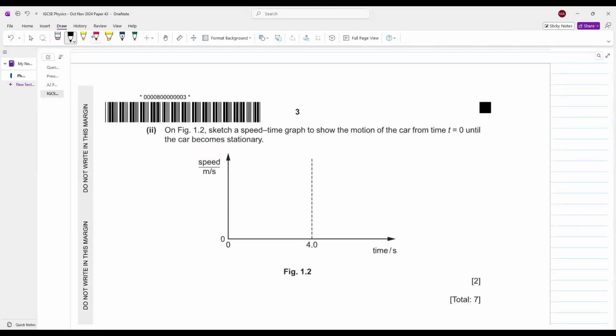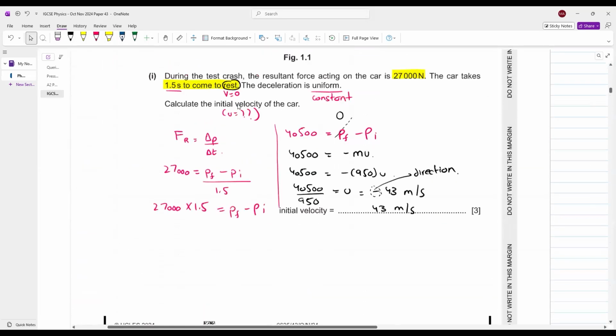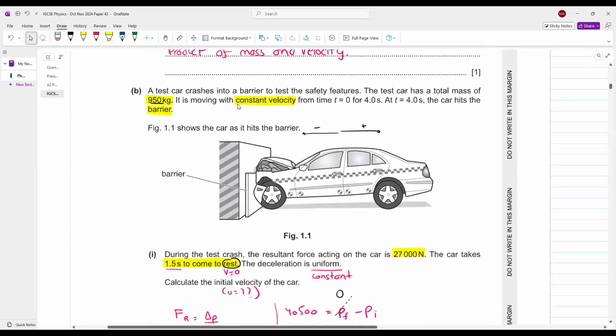On figure 1.2, sketch a speed time graph to show the motion of the car from time t equal to 0 until the car becomes stationary. But first of all, we have to read this entire question again. Can you realize from time t equal to 0 for 4 seconds, the car travels at constant velocity.